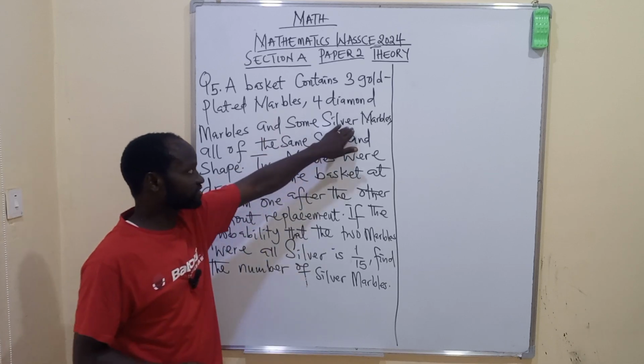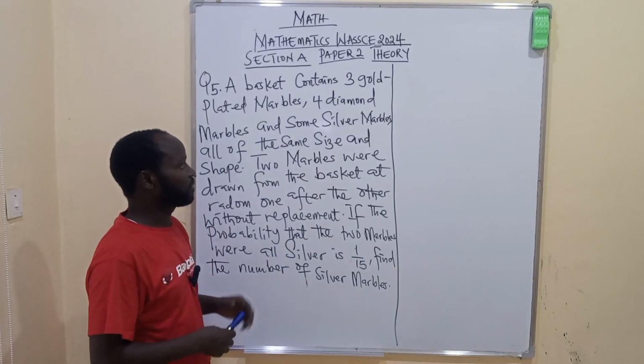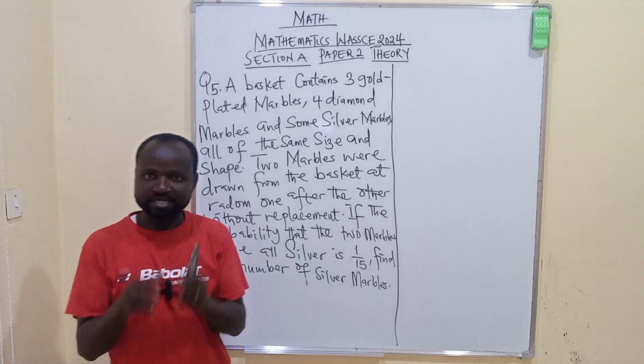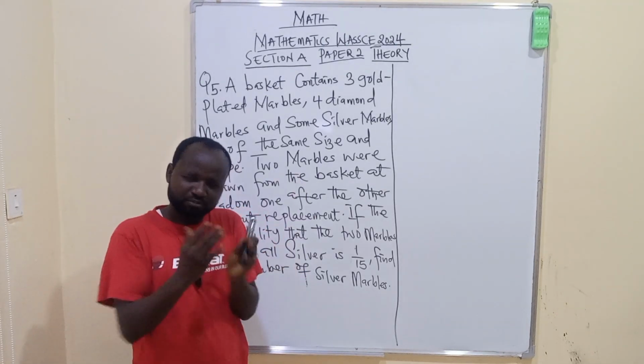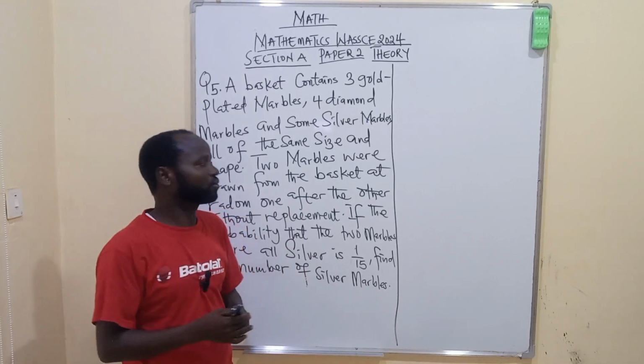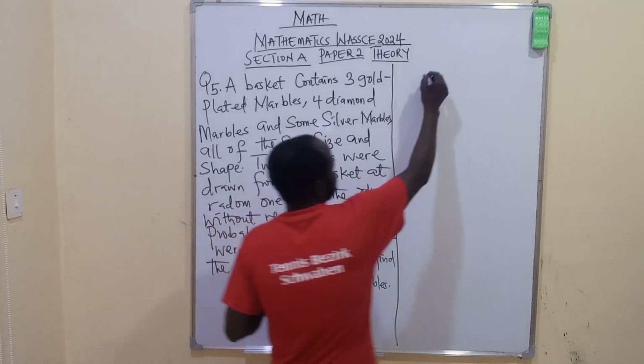We don't know the number of silver. We know that probability is the number of required outcomes divided by the total possible outcomes.